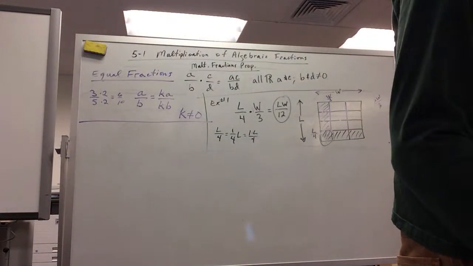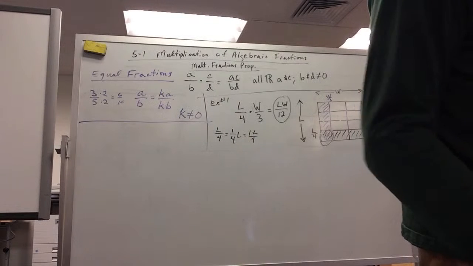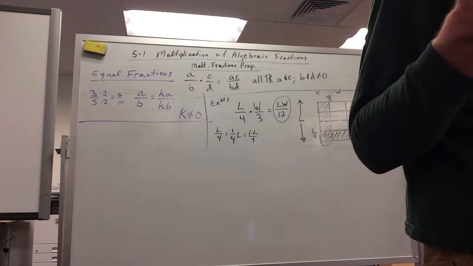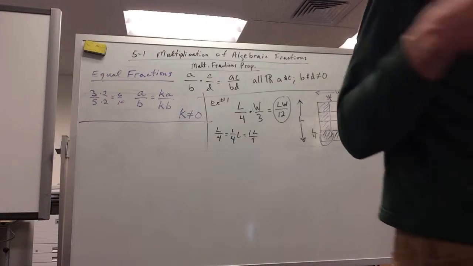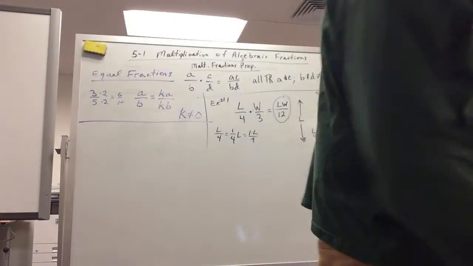And they want us to keep this in mind, because part of this work in this lesson is going to be not only multiplying fractions, but simplifying algebraic fractions. So they give an example, number 3.